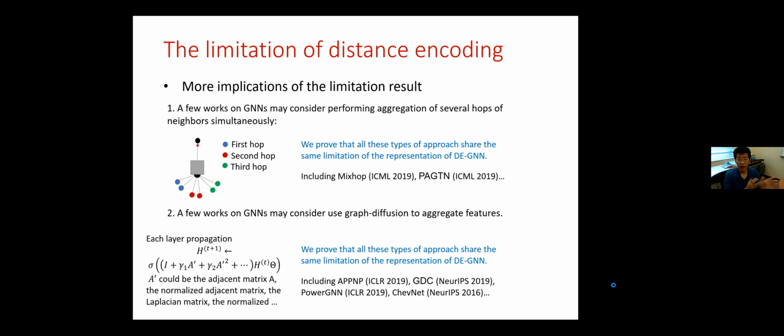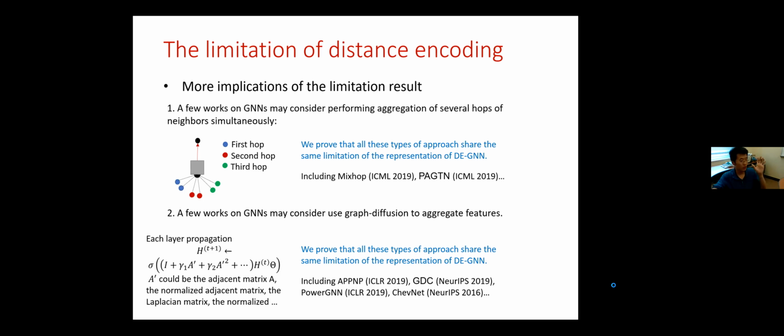And there are also some other works that perform a type of graph diffusion over the graph to aggregate node features. Basically, in each layer, we use different powers of some type of matrix to propagate node features. Here H is the T layer node features, and this is the T+1 layer node features, based on a different matrix to do the propagation.